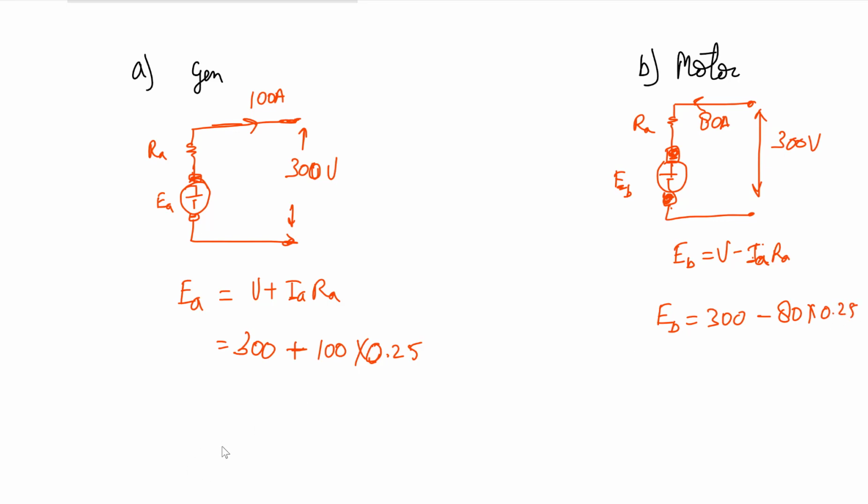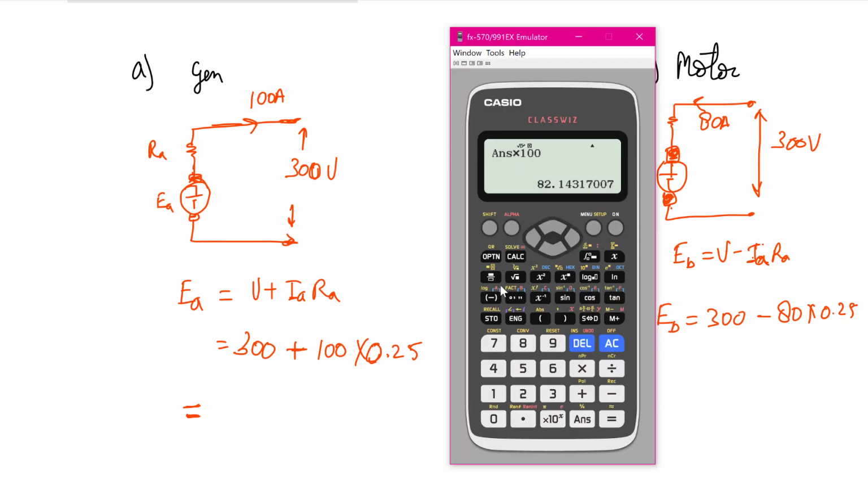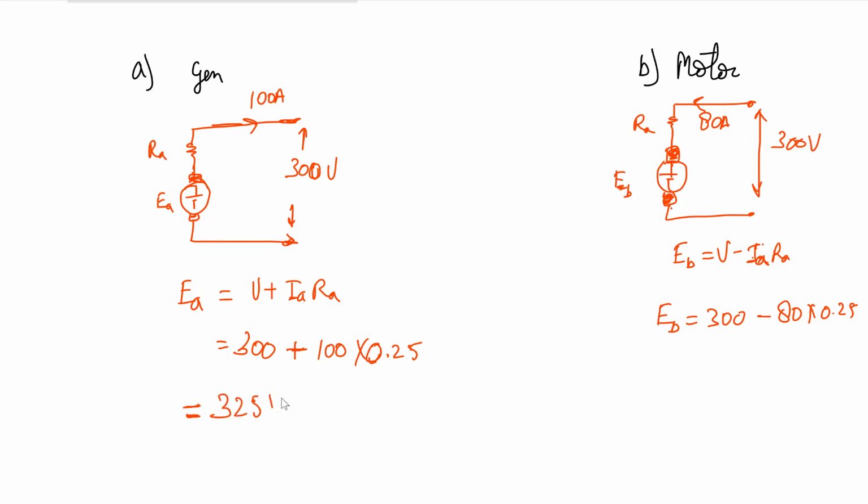So in the calculator, 300 plus 100 into 0.25, we get 325 volt. So the EMF generated by the generator is 325 volt.